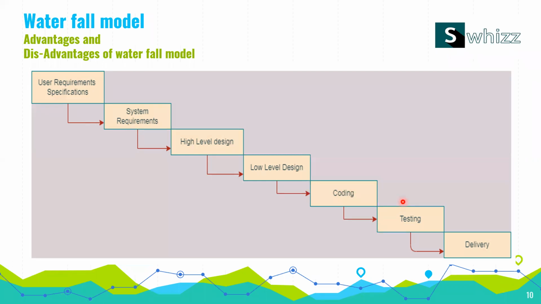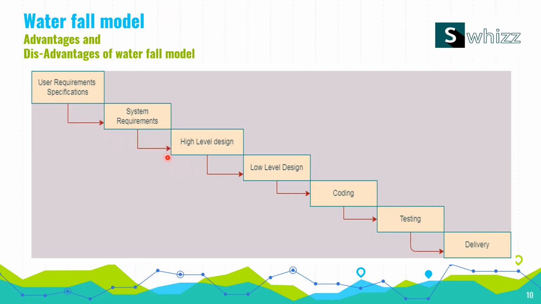Now the testers perform system testing, and after system testing succeeds, we will plan for the delivery. So why are we calling it a waterfall model?